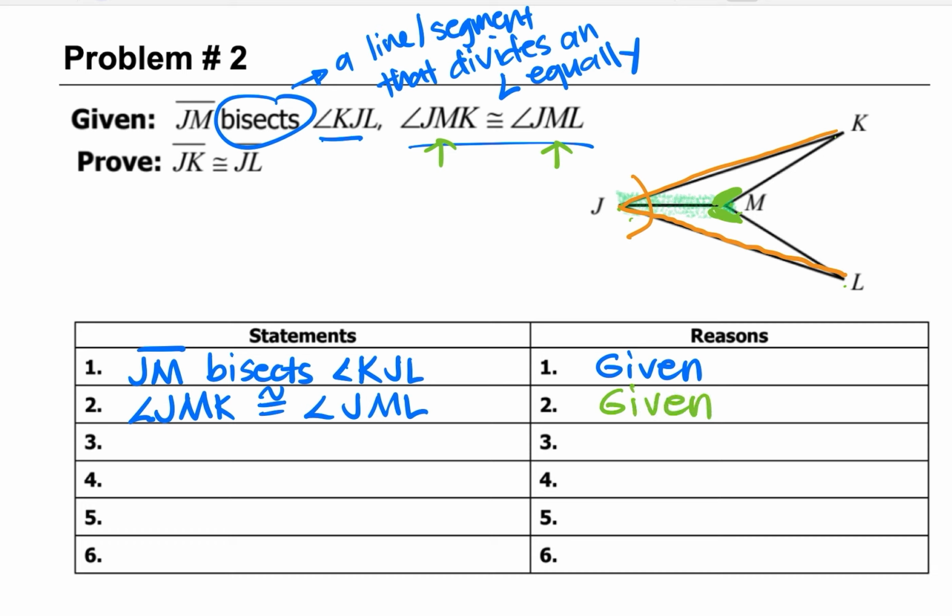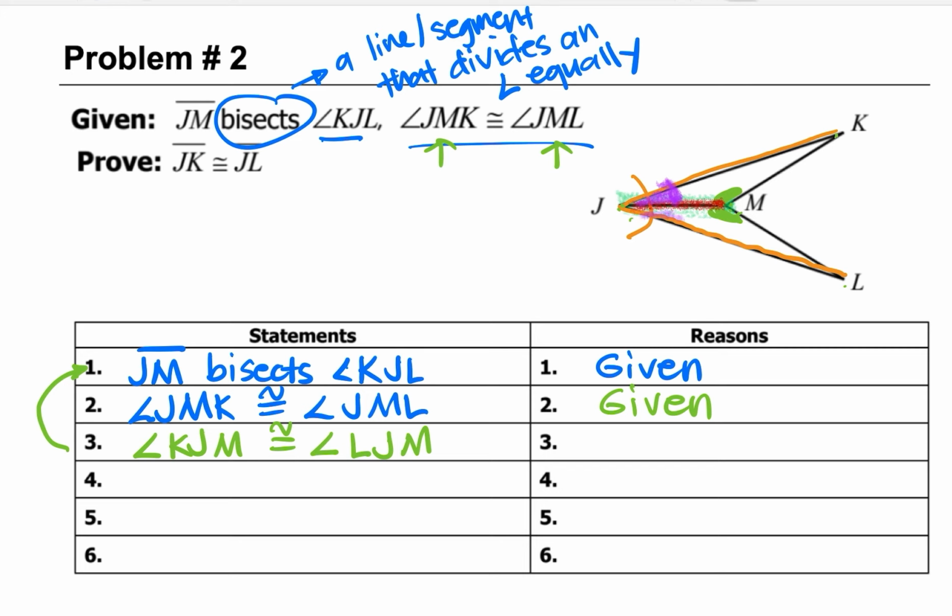Now, let us go back to statement number one. We did mention earlier that the segment JM divides angle KJL, then therefore this angle here that I'm trying to color with purple is angle KJM. Angle KJM is congruent to angle LJM.